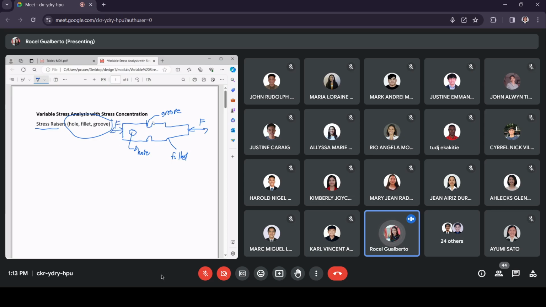If you take a look at these three, these are simply part of the design of the machine member, wherein they serve a certain purpose. Say for example, our monoblock chairs. You would see that at the back of our monoblock chairs they come with holes, which serve as a passage for air.